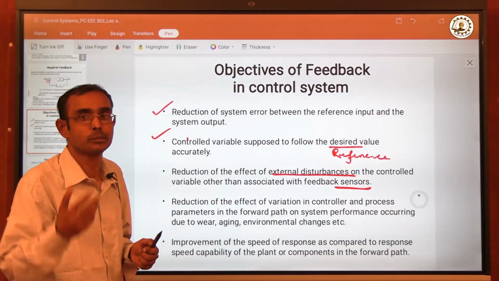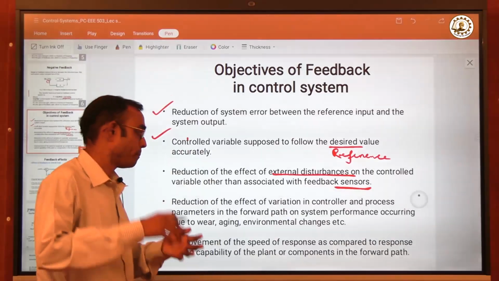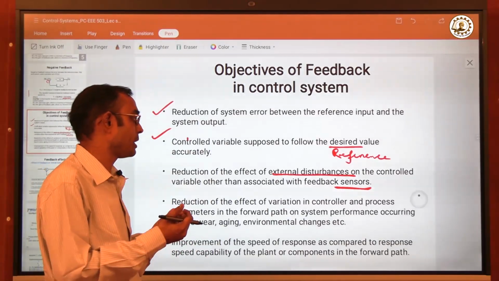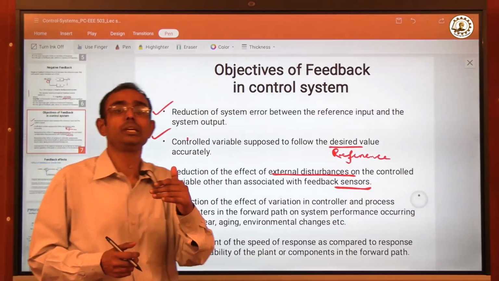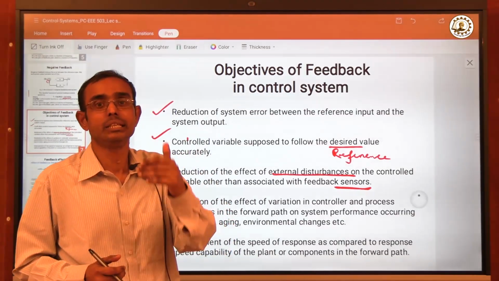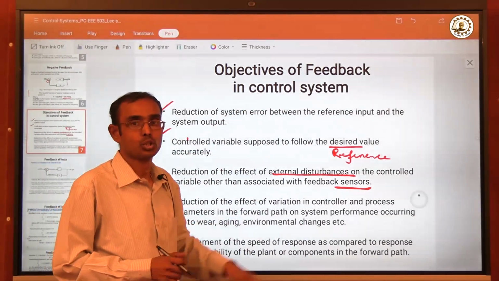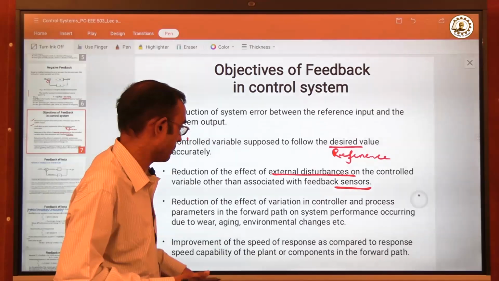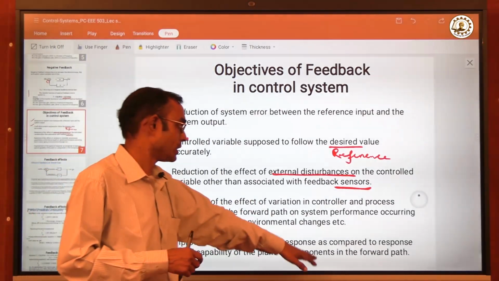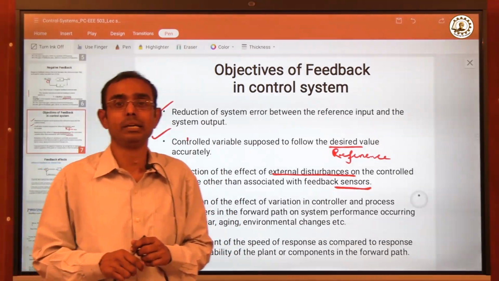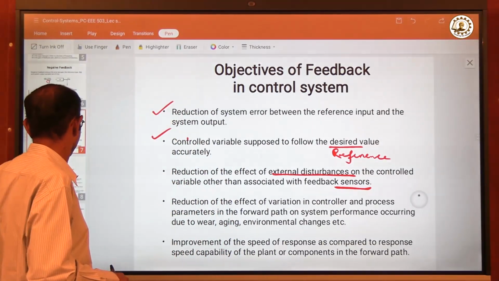Capability means speed of responding, how quickly it adapts to changes. Over and above that speed capability, the improvement in speed of response which we are introducing into the control system by using feedback should supersede it. That means the speed of response with feedback should always supersede the speed capability of the rest of the system. So these are the objectives of feedback in a control system.